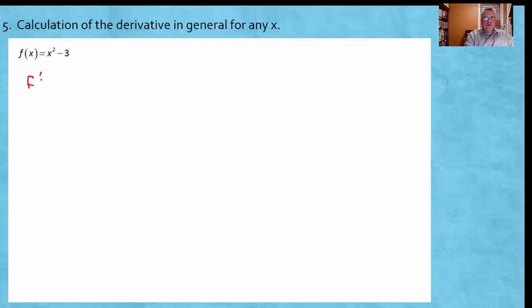So before I was finding the derivative at 3, this is the derivative at any value.